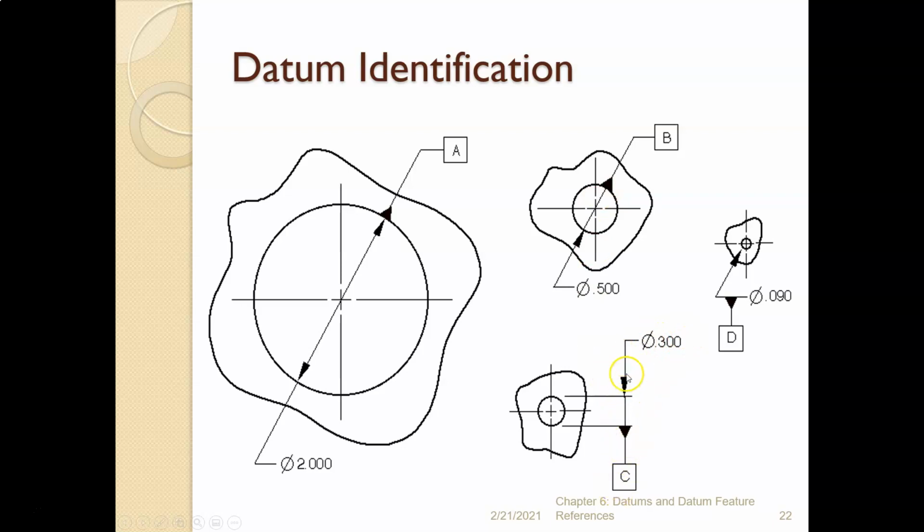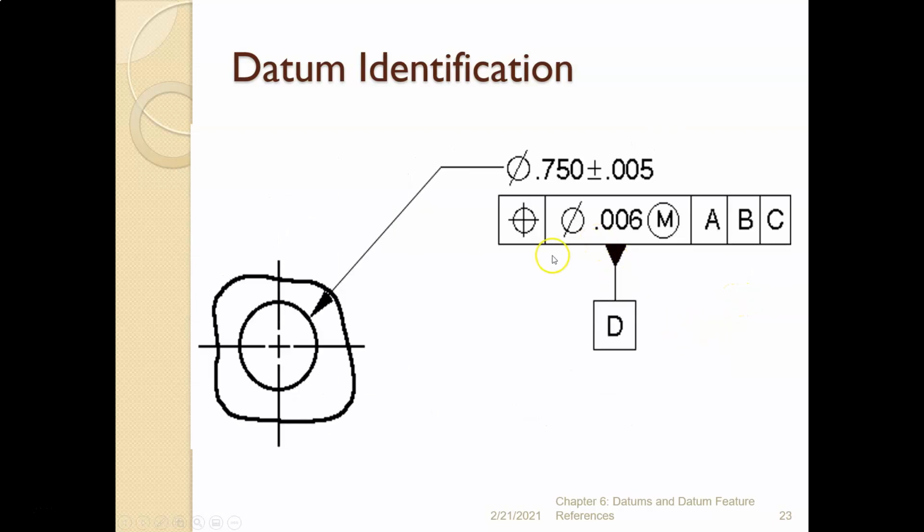Here, dimension line, yes, so that's good. Here, now notice there's not really any room to do that. So what we do is we hang it off of the leader, which is still identifying it as a datum feature of size.